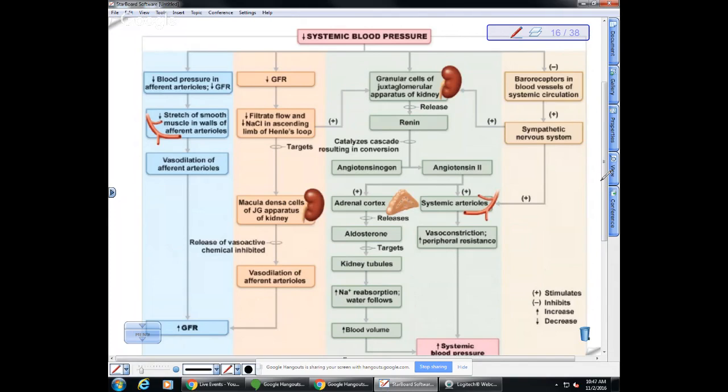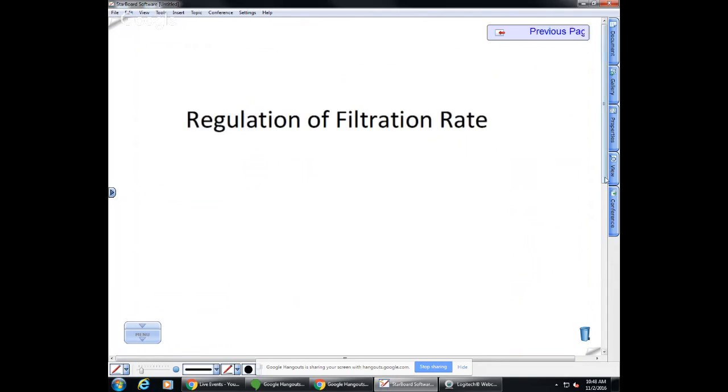And then we also have some other cells in the kidney, which are called the granular cells. The granular cells act through aldosterone and renin, which we've already talked about, by causing the kidney to release those substances. So just ignore that one right here.